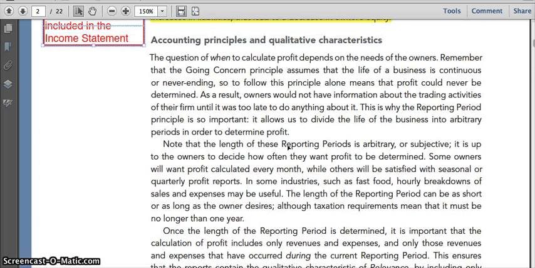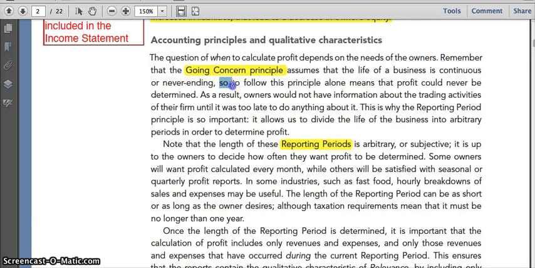Now, the key accounting principles and qualitative characteristics that come up time and time again when we're talking about income statements or determining profit or loss, there are a couple that work in tandem. We've got the going concern principle and we've got the reporting period principle. So basically, the going concern principle assumes that the life of the business is continuous.